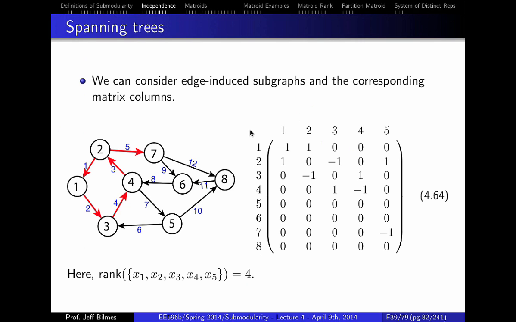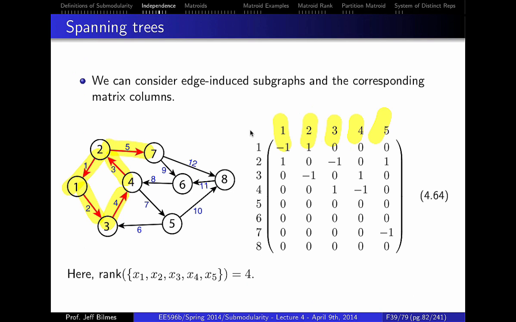If, however, we do the following, we take columns 1, 2, 3, 4, and 5. So we take edges 1, 2, 3, 4, and 5. We know that we've introduced a cycle. So from the graph, we can say that any spanning tree of these edges that I've highlighted is going to be of size... How many edges are going to be in a sub-spanning tree of the edges that we've chosen? 4, right.